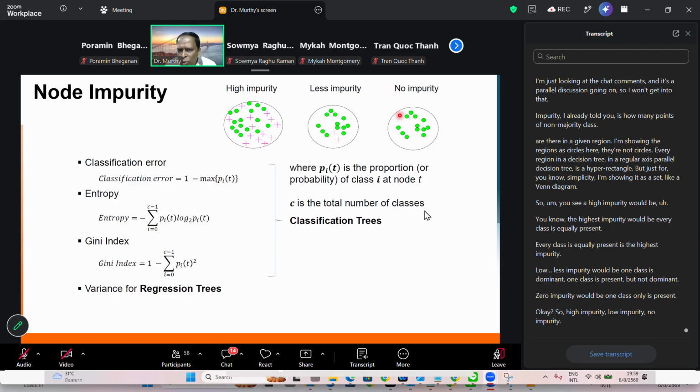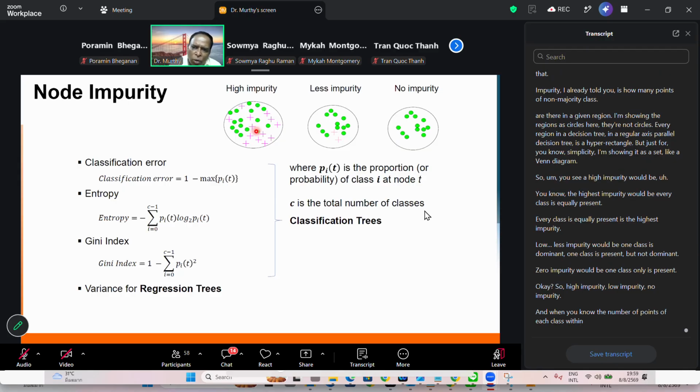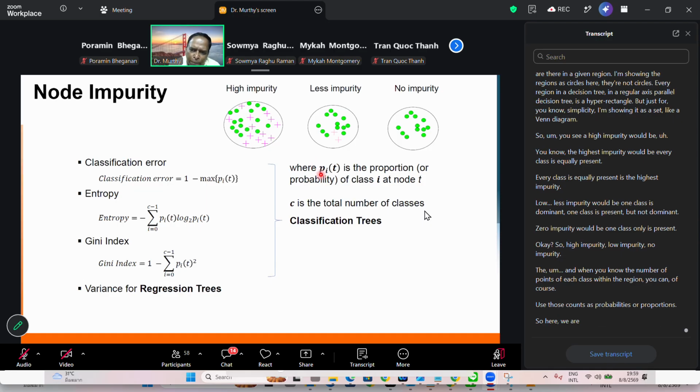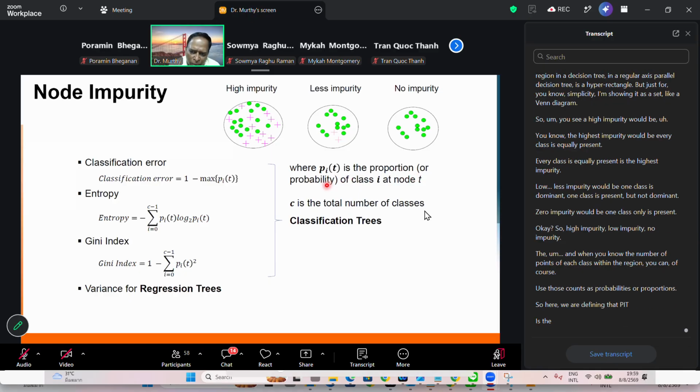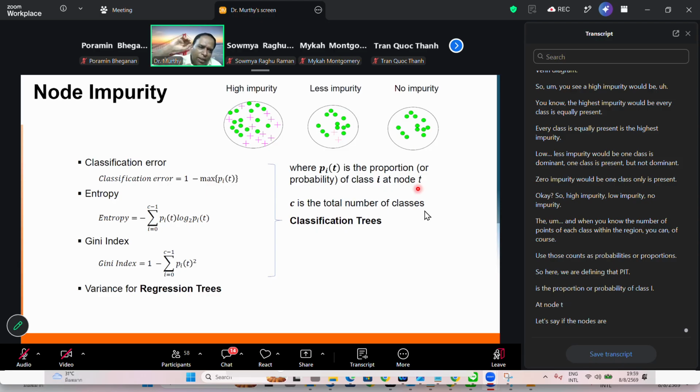And when you know the number of points of each class within a region, you can of course use those counts as probabilities or proportions. So here we are defining that PIT is the proportion or probability of class I at node T. Let's say the nodes are numbered: the root node is 1.